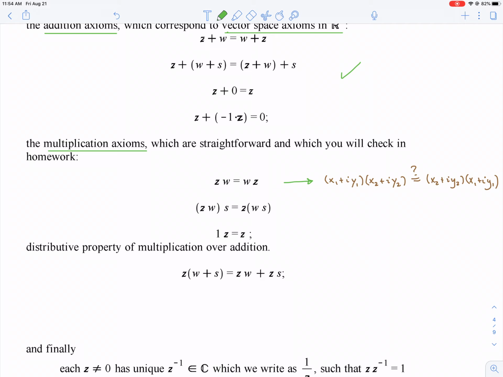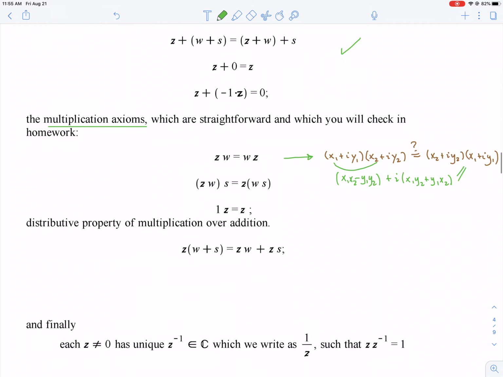So the real part is x1 x2 minus y1 y2. And the imaginary part is x1 y2 plus y1 x2. And I'll let you finish checking that that's exactly what you get if you compute the product in the other order.